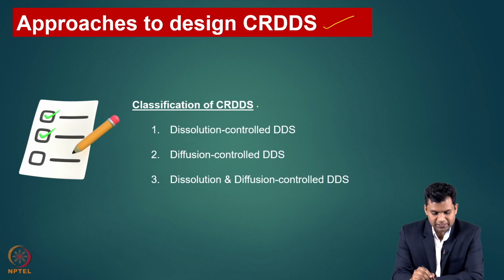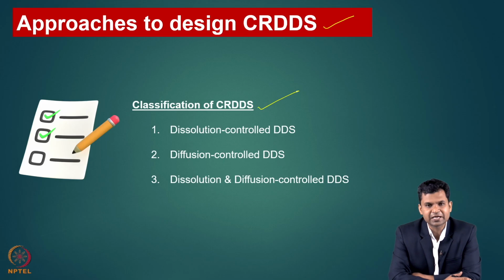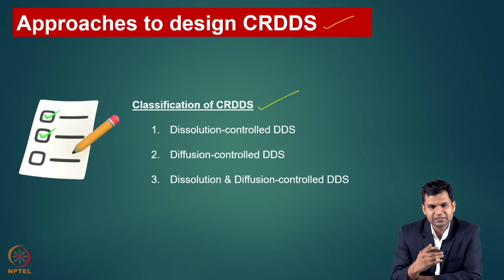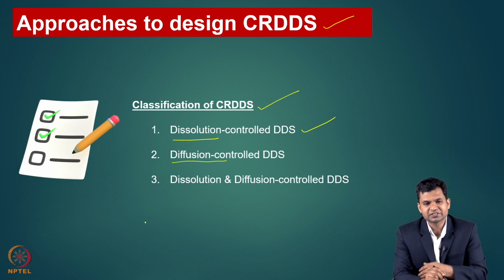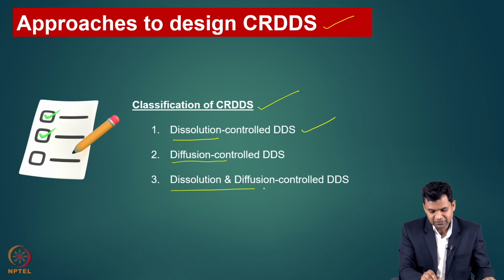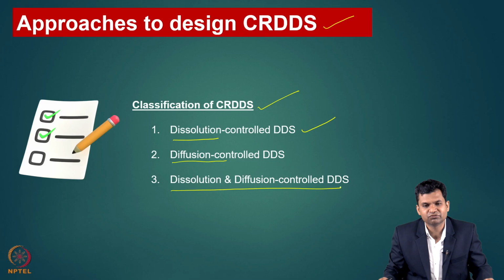First we will see the classification or types of control release drug delivery systems, and in that we are going to discuss a few types. The first one is the dissolution controlled release drug delivery system, then diffusion controlled drug delivery systems, and then the dissolution and diffusion controlled drug delivery systems.